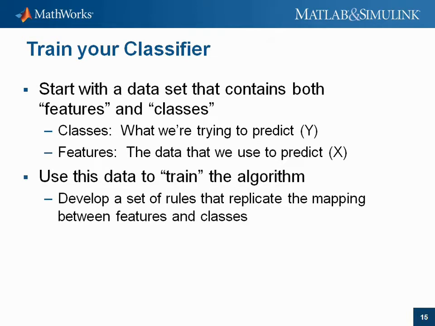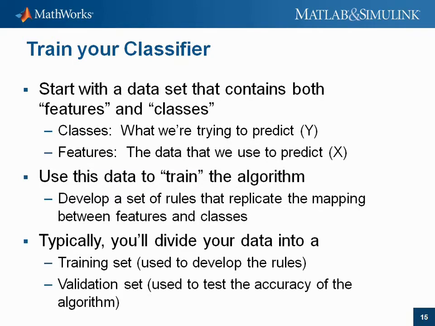Once we've trained our classifier, we can then use it to make predictions about a brand new data set that only contains features. In most cases, you'll want to separate your data into a test set and a training set. You'll train your classifier on the training set and then test its accuracy on the data that you reserved.